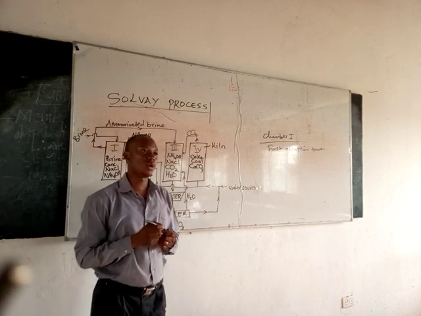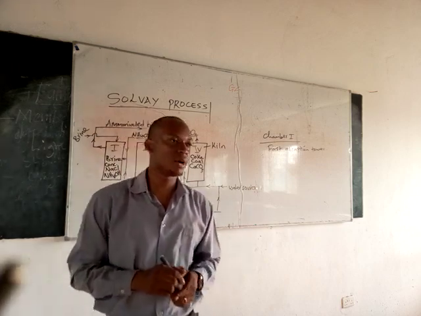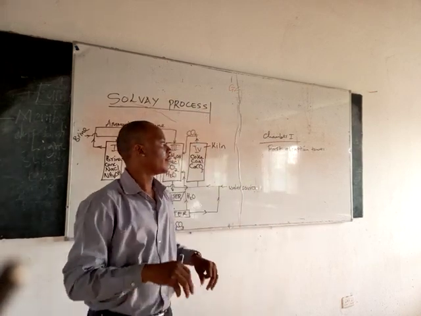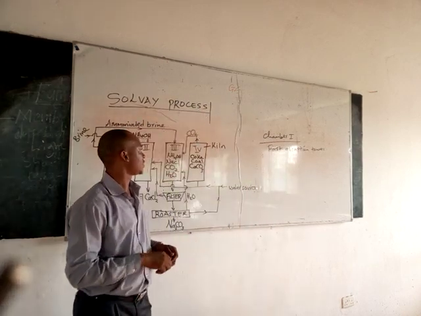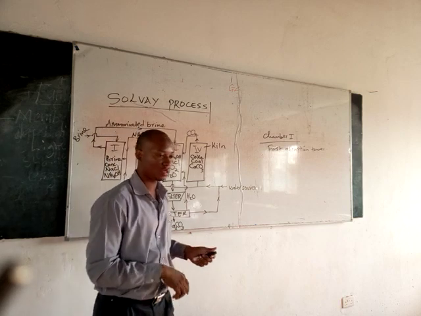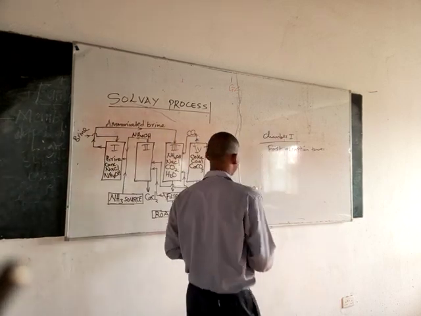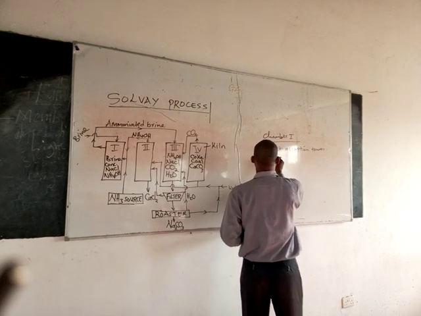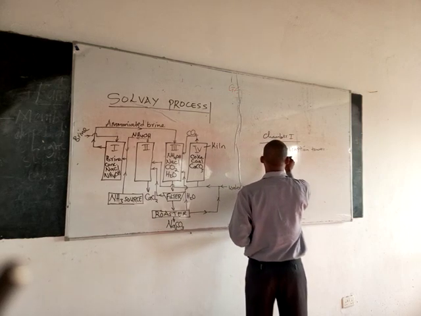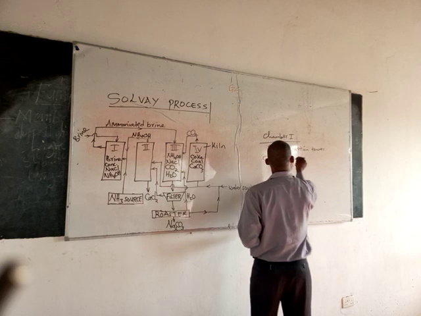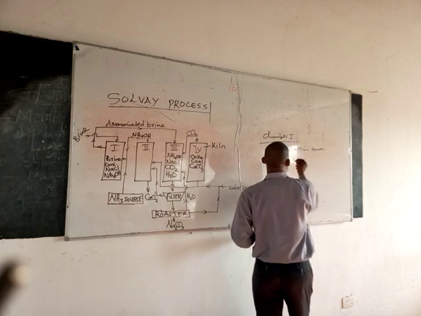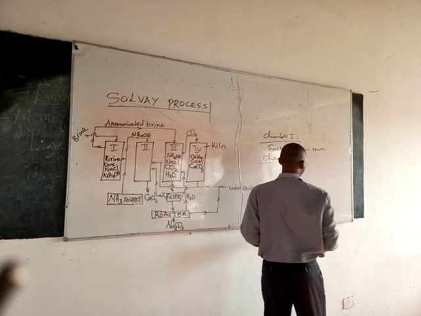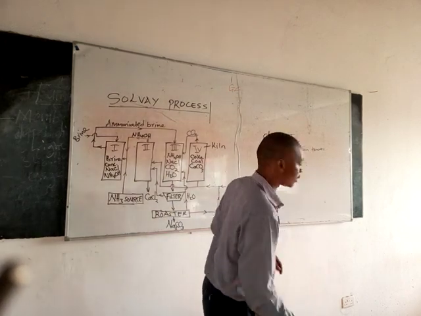Now these two are going to react. They are going to react in a two-step reaction process. And in this case, the first step, that is chamber 3. In chamber 3, we are going to have the two-step reaction.